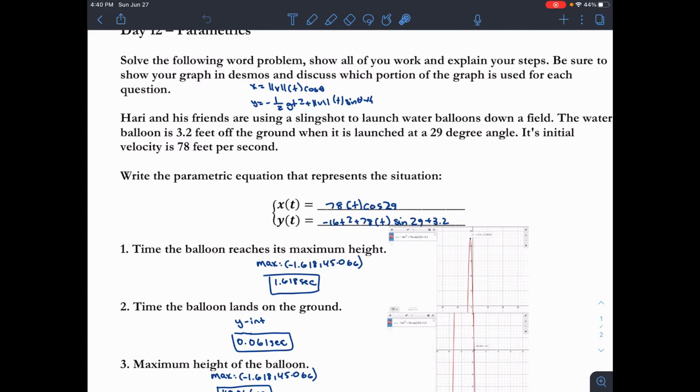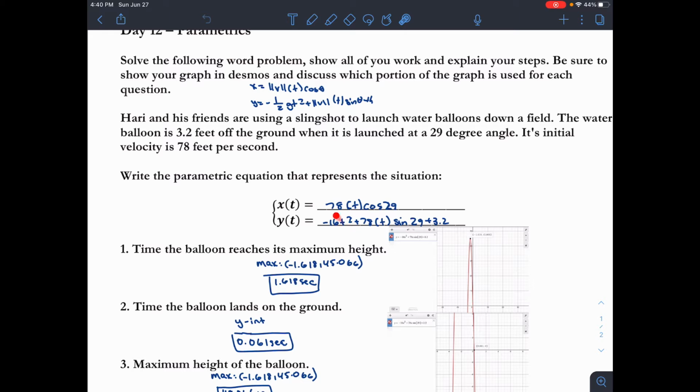For the y, we would do negative half g, which is 9.8 meters per second squared, or 32 feet per second squared. So we have negative half of 32, which equals negative 16.